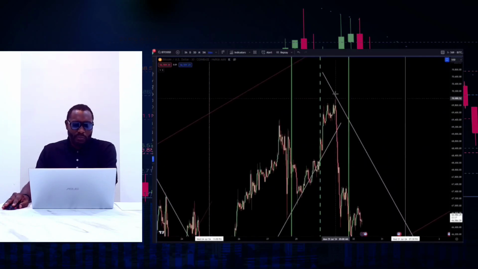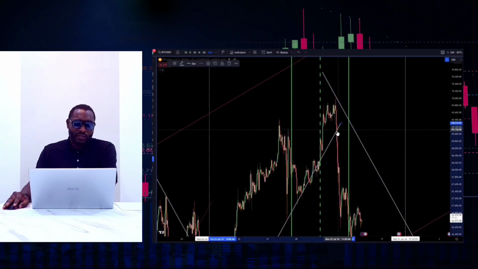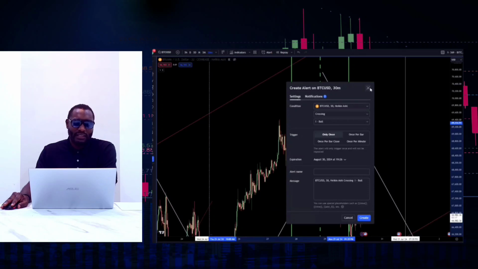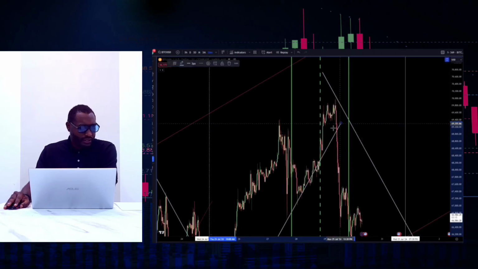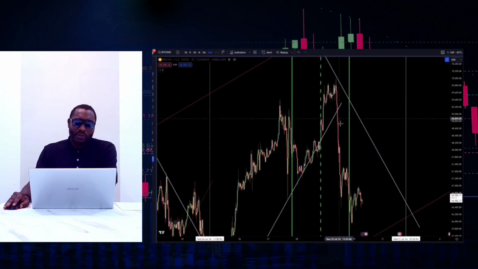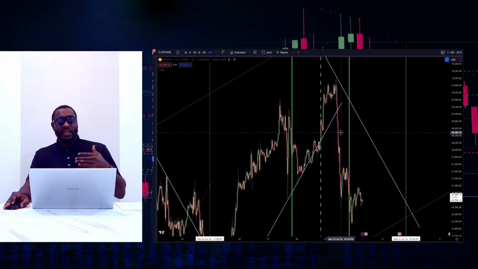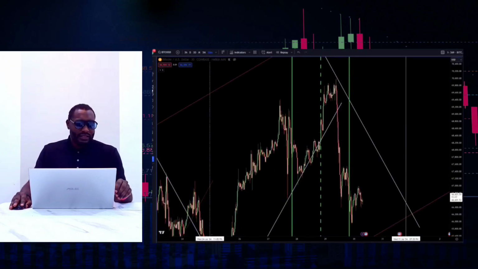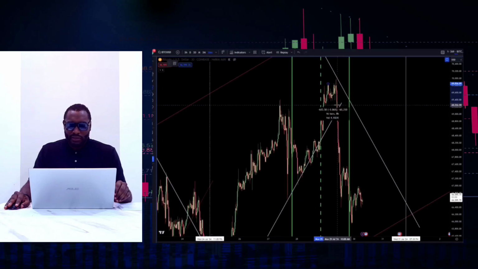So let's assume you believe this is a bullish market and then it goes against you. Well, for one, you have an alert on your trend line. You set those alerts. There's no question about setting alerts and creating alerts. So let's say you got an alert that this thing's going against me. What you immediately want to do is have that stop loss in place, and if you're up here, it's less than $1,000.